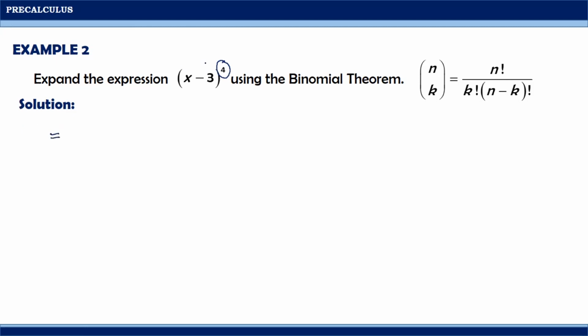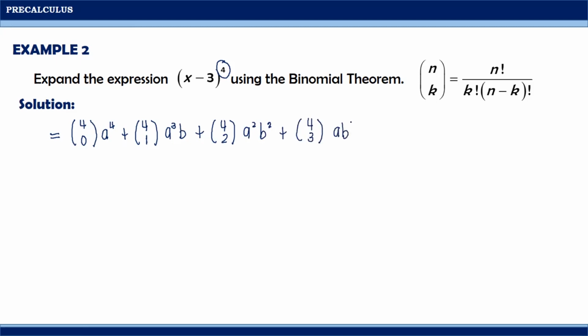So you will be starting with 4 taken 0 times a raised to 4 plus 4 taken 1 times a cubed b plus 4 taken 2 times a squared b squared plus 4 taken 3 times ab cubed plus 4 taken 4 times b raised to 4.